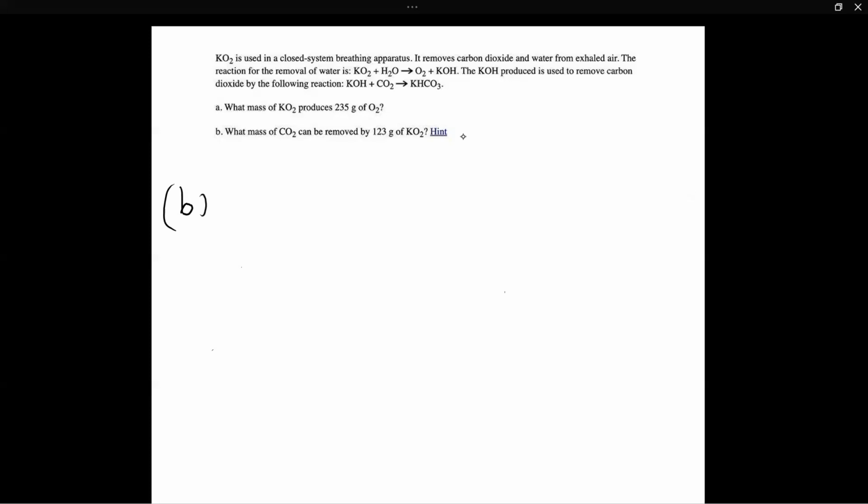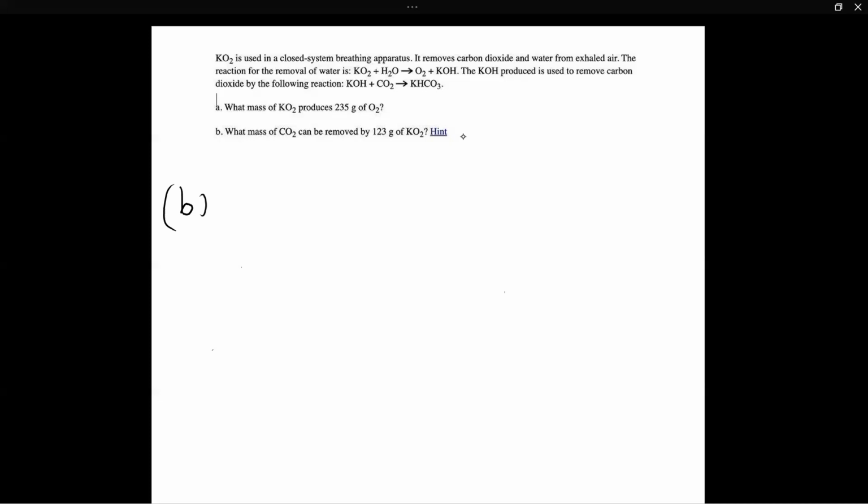So it has asked you, if 100 grams of KO2 can remove a certain mass of carbon dioxide, what mass of carbon dioxide can be removed by 123 grams of KO2? And you may look at this and go, wait, CO2 doesn't even react with KO2. It reacts with KOH. So how am I supposed to figure out what mass of CO2 can be removed by KO2? And that would be a very good question. You're completely right.